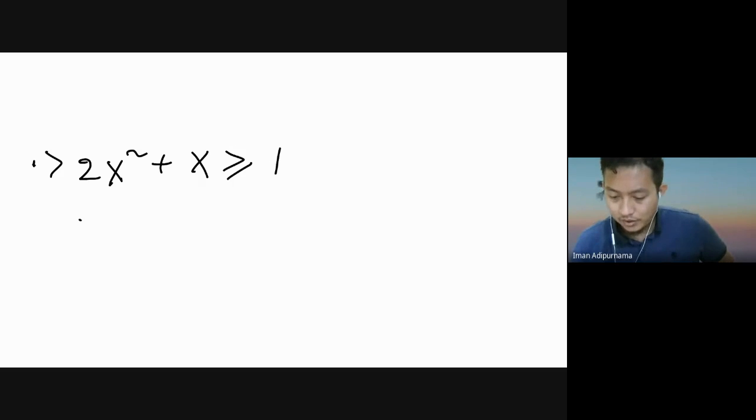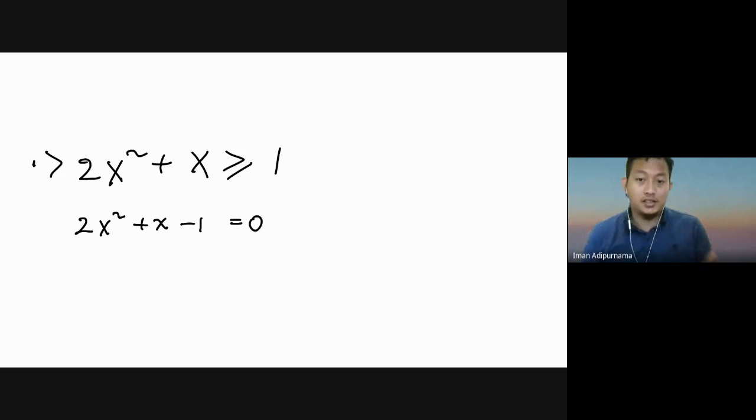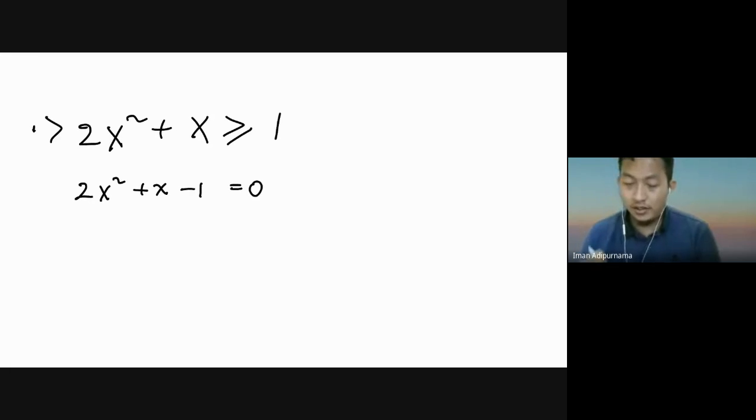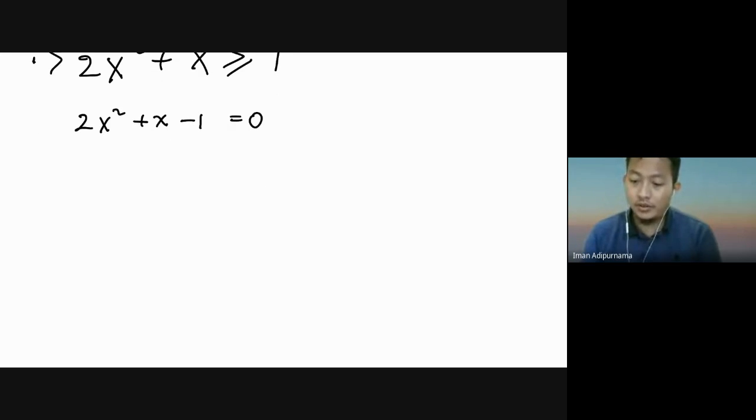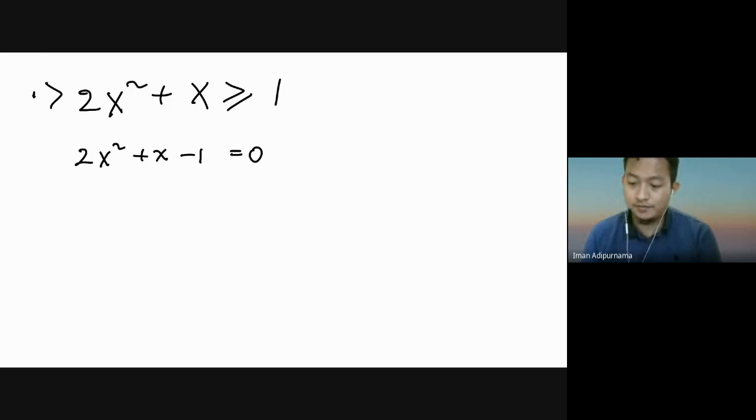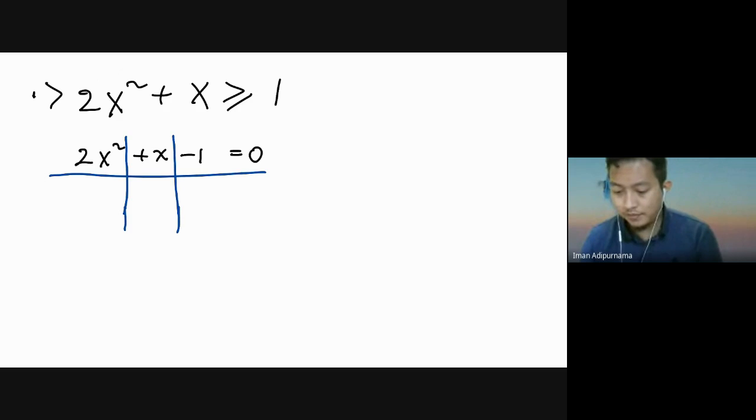Okay, again, this will be pretty much the same way as what we have done. So 2x squared plus x, let me make this -1 and make the equal sign. Probably we can factorize it. And my suggestion also, if you have this factorization, you can make this table.